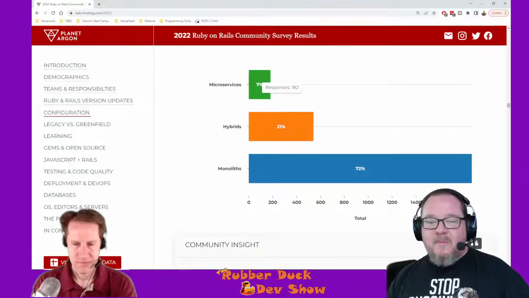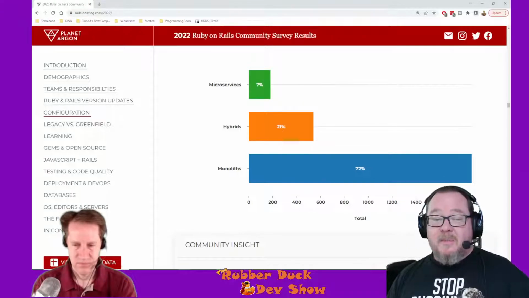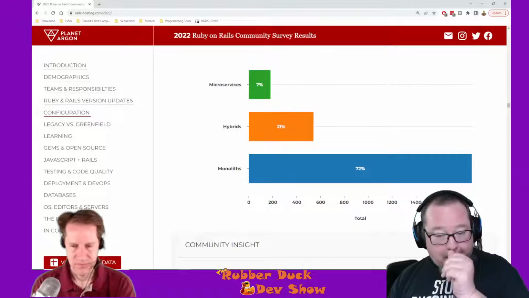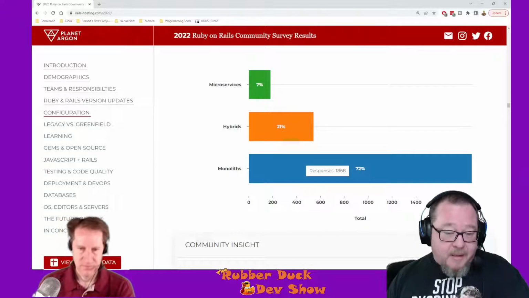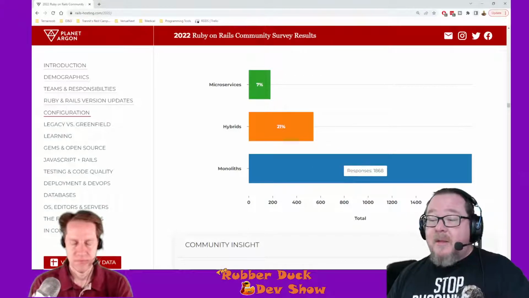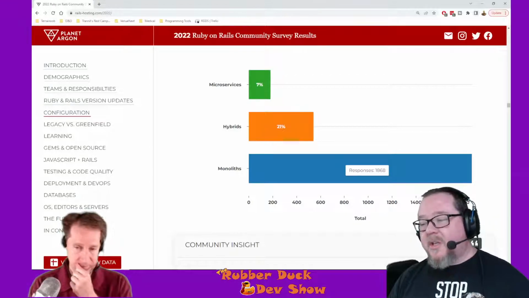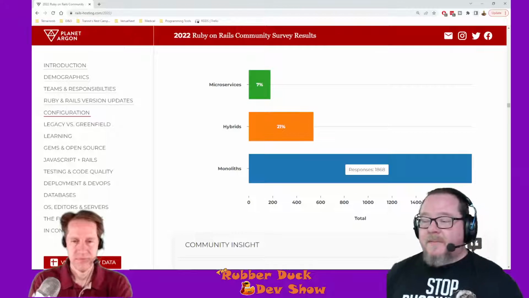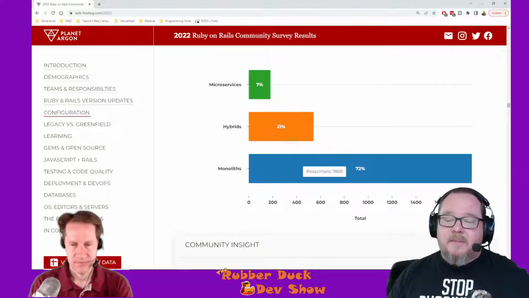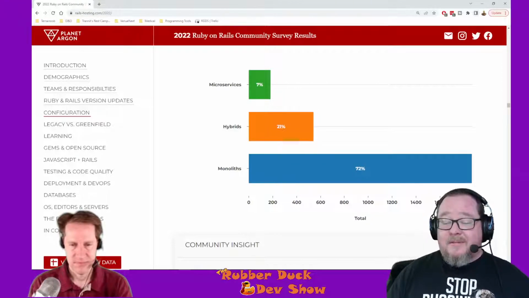There's no bang for the buck with most of the microservices, and that's what I keep seeing over and over again. I will say I'm a little surprised by the preponderance of monoliths here, simply because you hear so much about microservice architecture, but I'm glad to see this because I'm not a big fan, honestly.